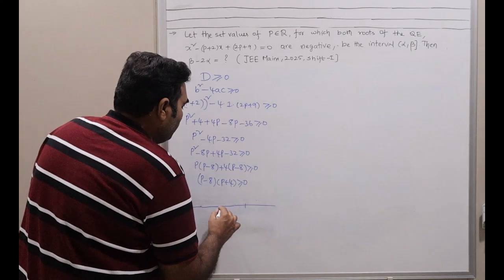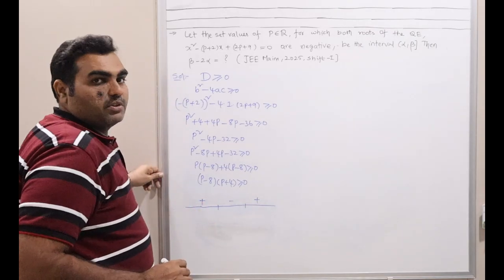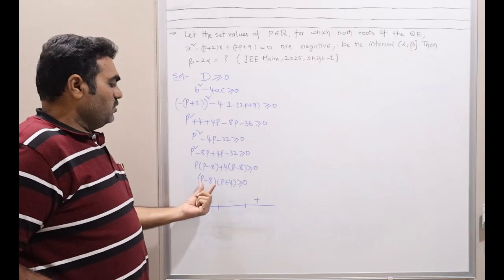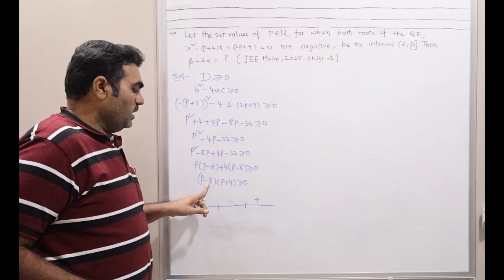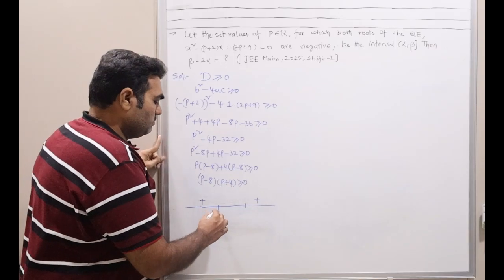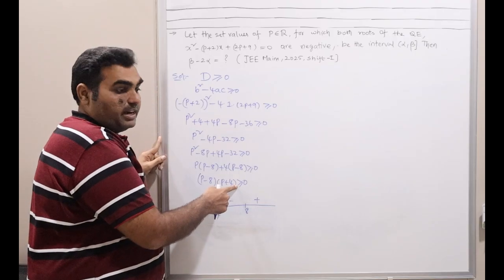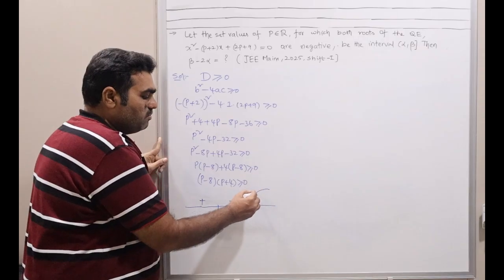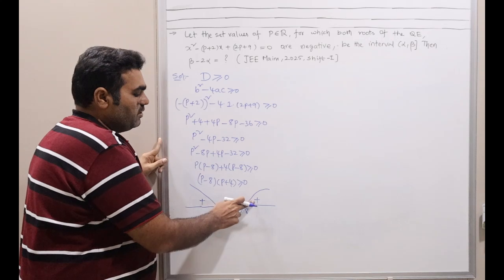As I told in the previous video, sometimes I will be doing the wavy curve method also. So if you are familiar, fine; for the time being, please take it like this. You have two factors here, minus 4 and 8. So minus 4 is here, 8 is here. And we got greater than or equal to, so that means we need to consider the values in the positive range. That's why positive we need to consider.